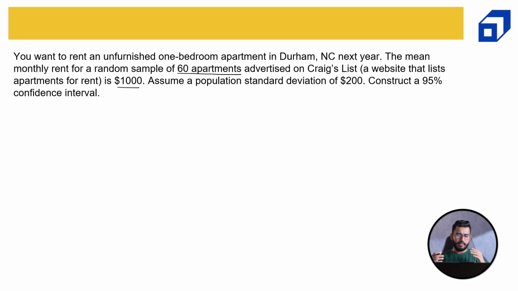You Googled and searched through some website. You sampled 60 apartments in the same city. So my n is 60. And after looking at all the rents, the average of this sample came out to be $1,000.